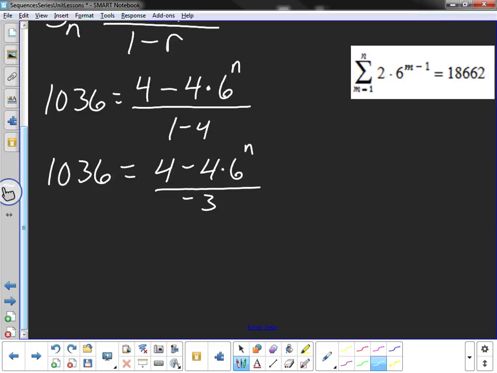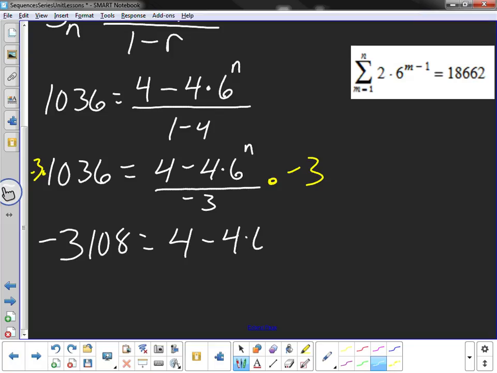So what I want to do is get rid of that negative 5. So I will multiply this side by negative 5 and the other side by negative 5. And when I do that, I get a negative 5,180 equaling 4 minus 4 times 6 to the nth power.